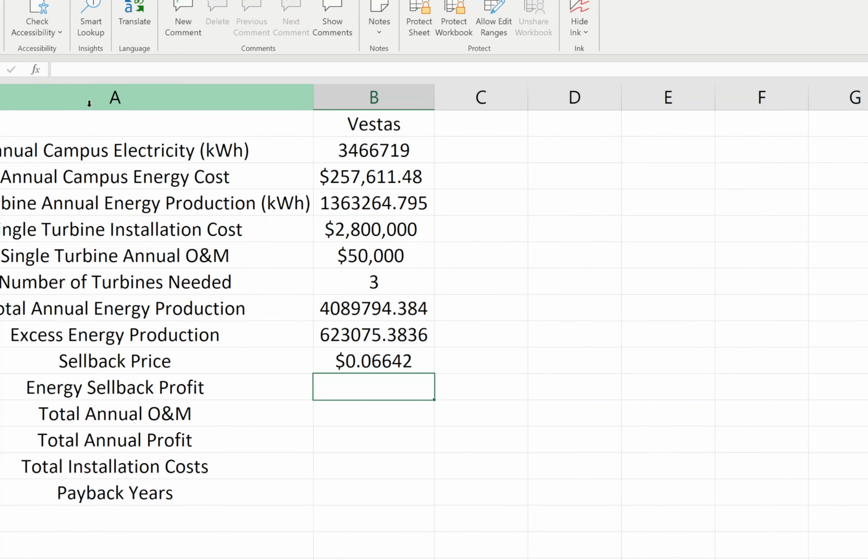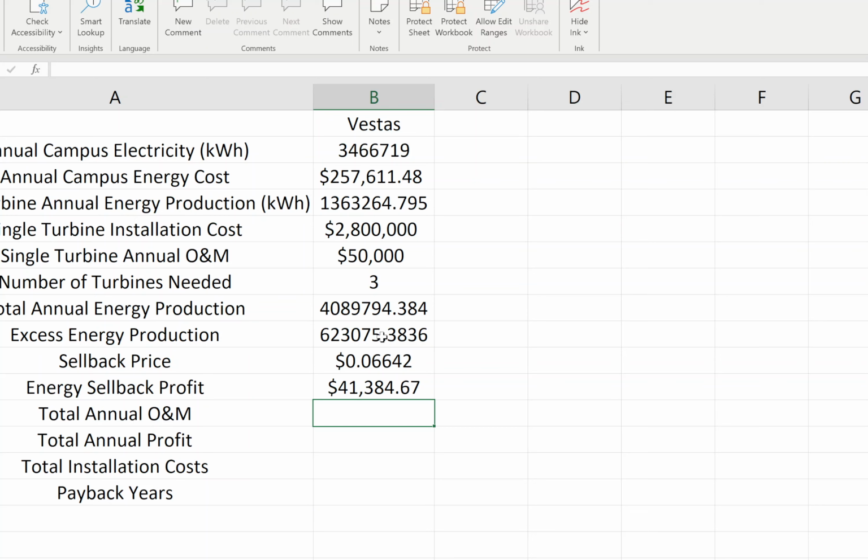So I get to sell it back at, instead of 7 point whatever cents, 6.6 cents per kilowatt hour. Then I'm going to multiply that by the excess energy. So basically, I get to sell back $41,000 worth of energy.